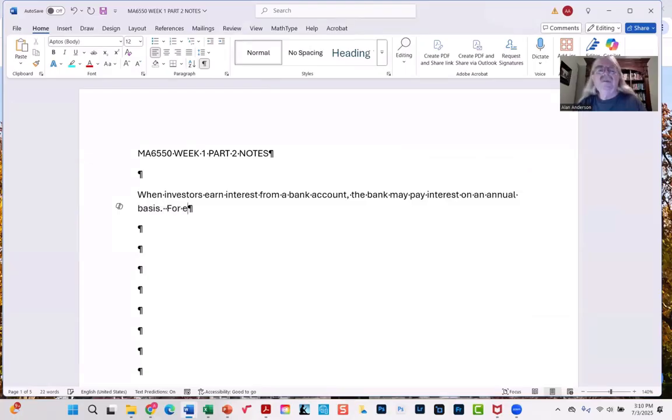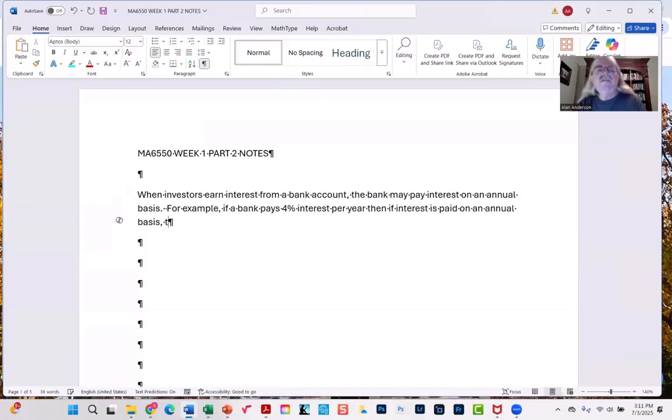For example, if a bank pays 4% interest per year, then if interest is paid on an annual basis, the investor will receive 4% at the end of each year. This is known as annual compounding.